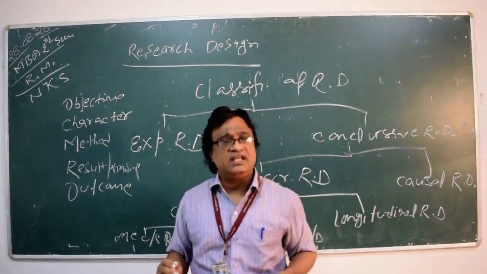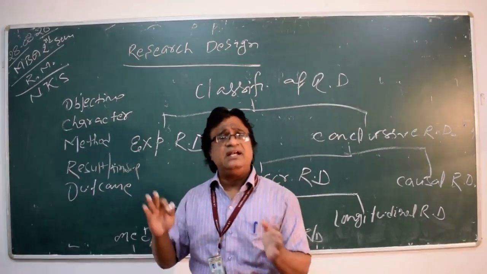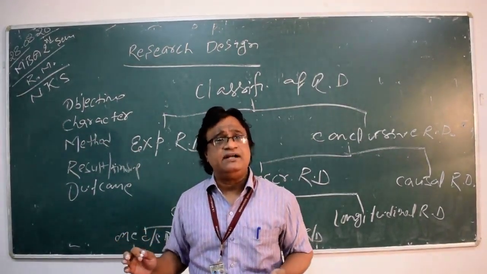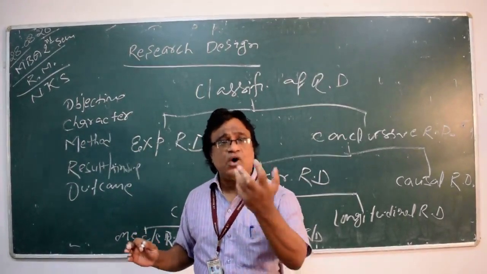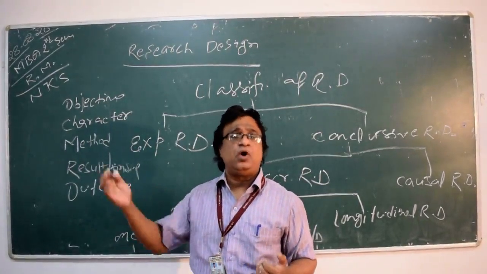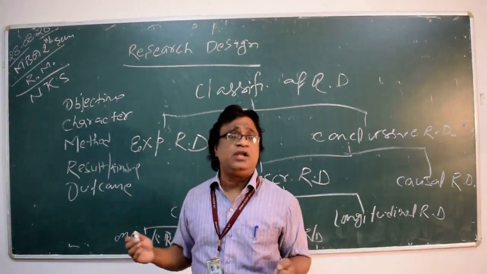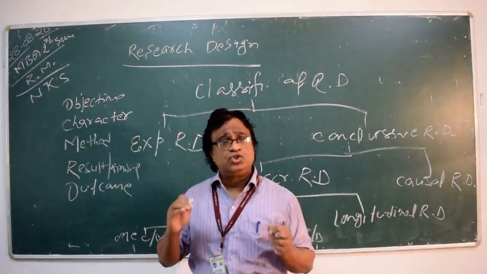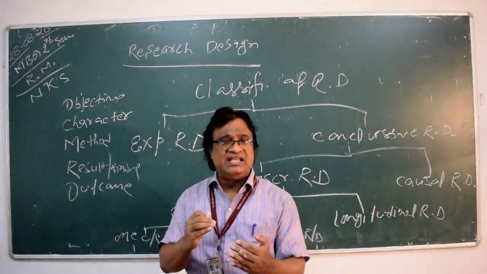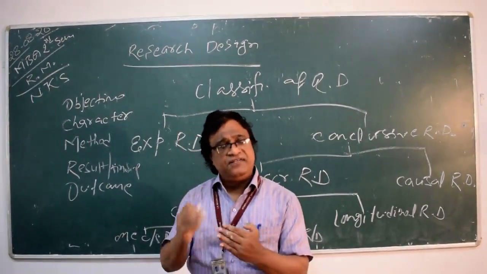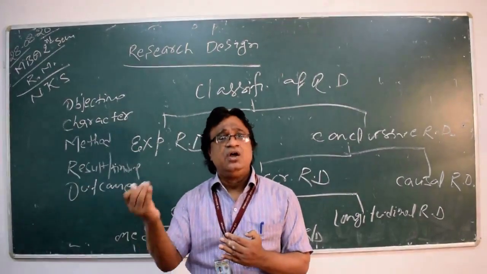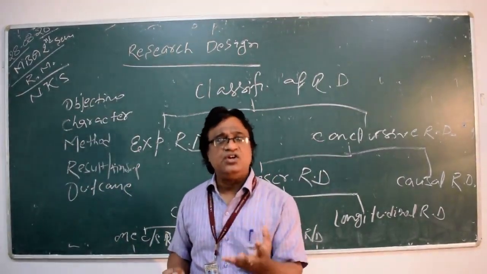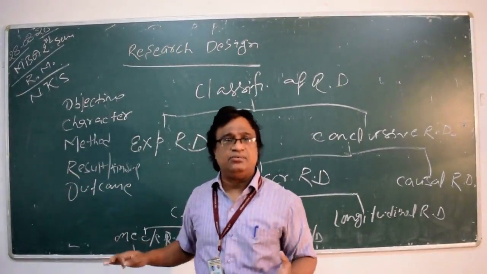For example, in the case of demand and price, many other factors may also affect the demand, like income, like product quality, like government policy of taxations. These all may affect, and many other factors are there. Those may affect demand. So we cannot realize the true picture of the effect of price changing on demand changing until we have full control on extraneous variables.